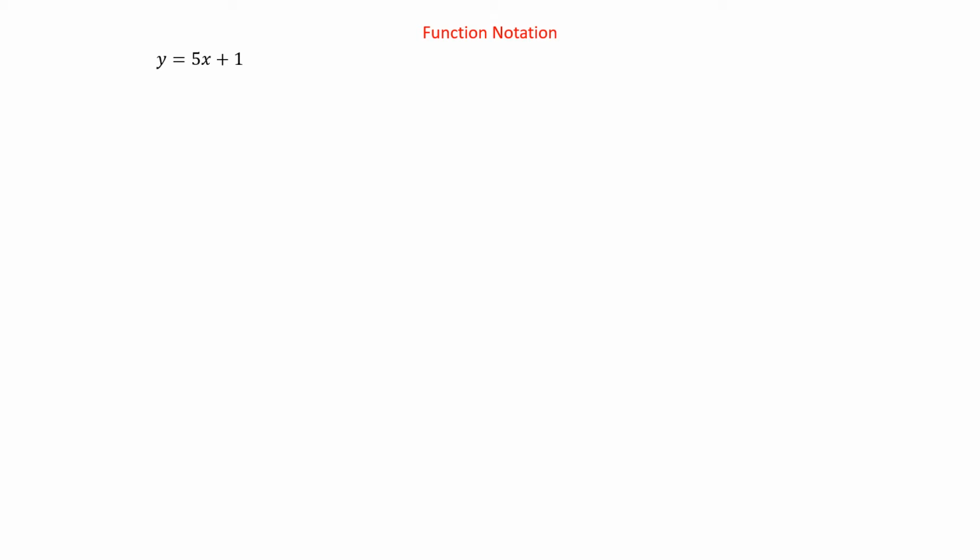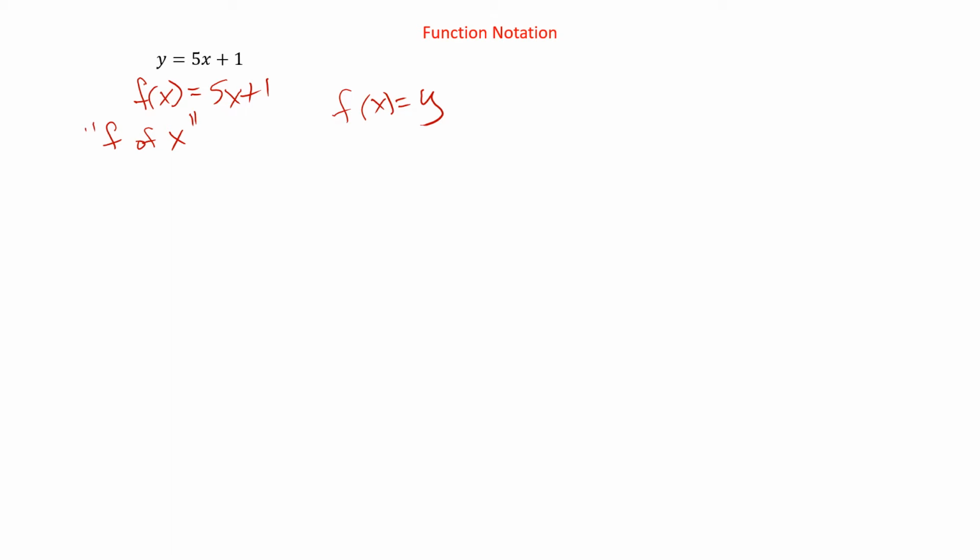Since it's a function of x, the generic name is f of x, pronounced f of x, and that would equal 5x plus 1. So all function notation is, is f of x equals y.